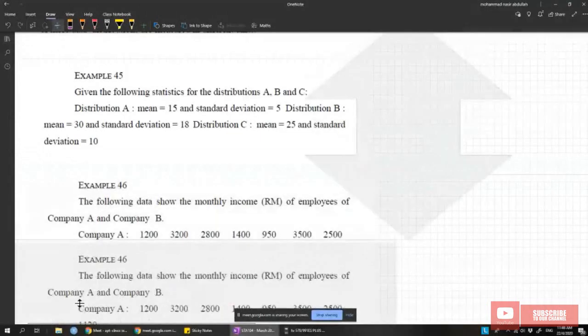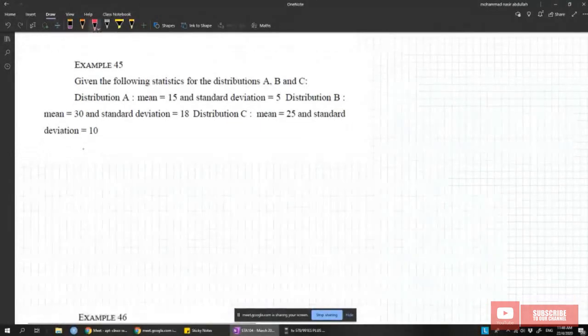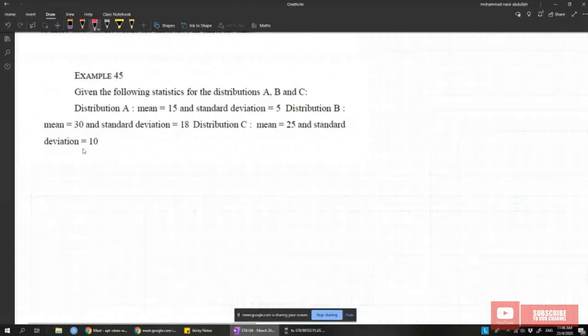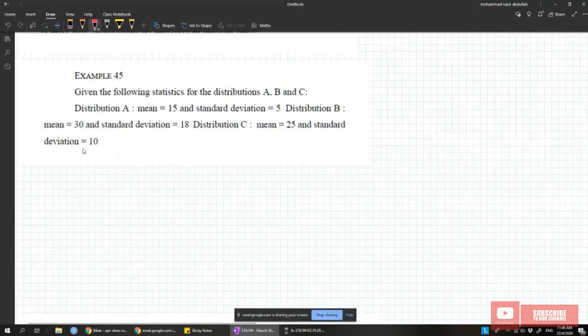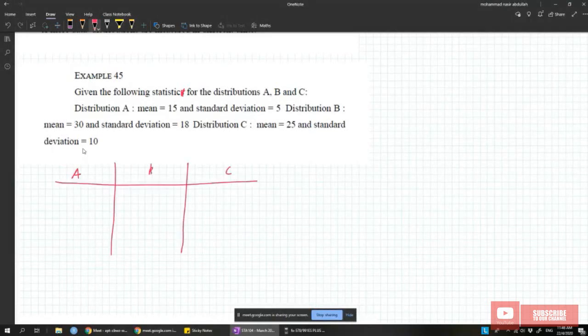This is a very simple example. In example number 45, given the following statistics for distributions A, B, and C. Distribution A has mean equal to 15 and standard deviation equal to 5.